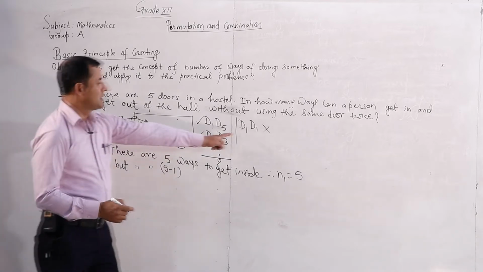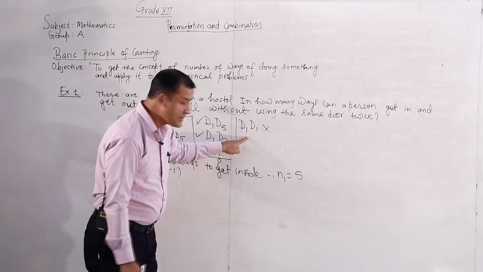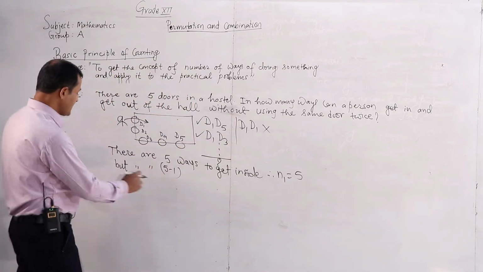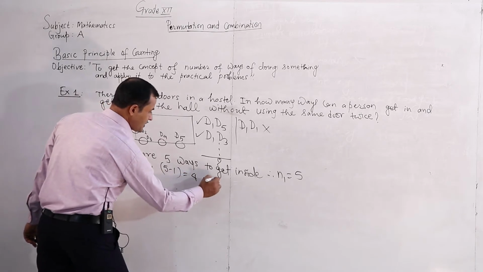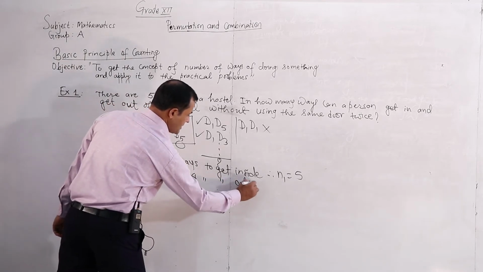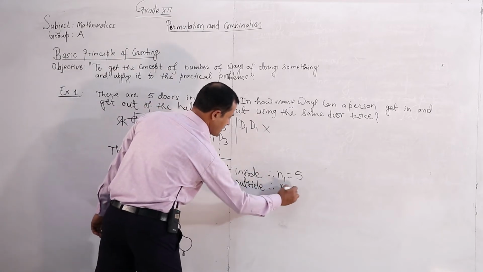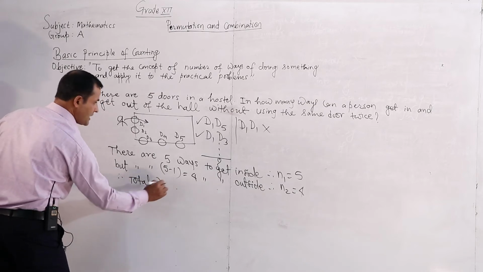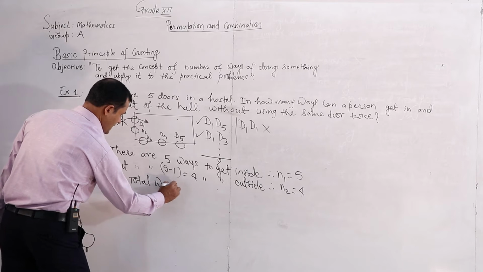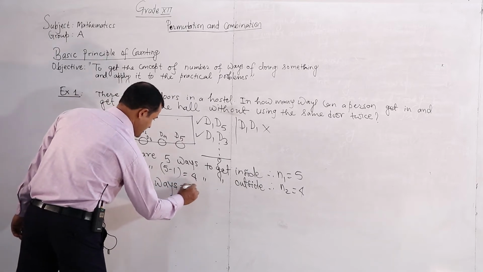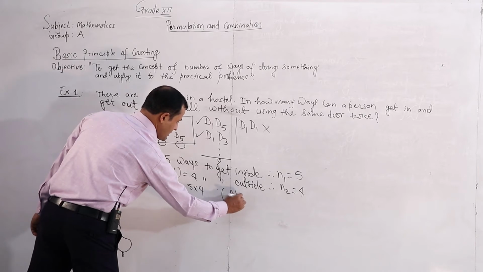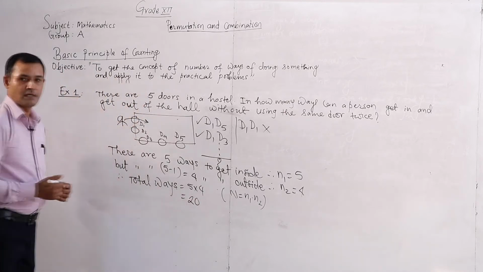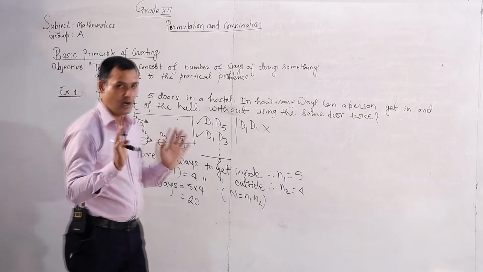Because that person cannot use the same door twice, which was used earlier while entering. That's why there are 4 ways to get outside. Therefore, N2 equal to 4. So total ways by the basic principle of counting, we can write N1 into N2, 5 times 4, which is the formula N equal to N1 into N2. There are 20 ways in this condition to get in and to get out.